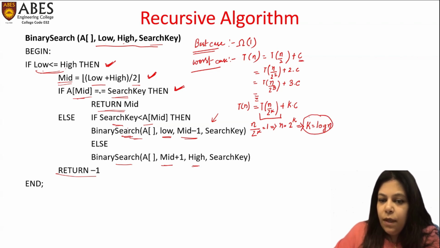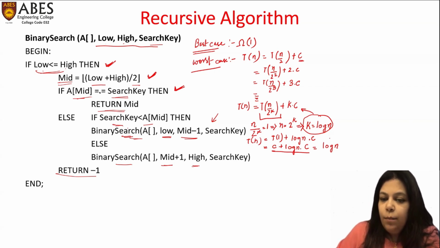Putting this value in this final equation that we got, T(n) can be computed as T(1), where n/2^k is equal to 1, plus log n times C, which can again be written as C plus log n times C. Ignoring the constant terms, we will get log of n.